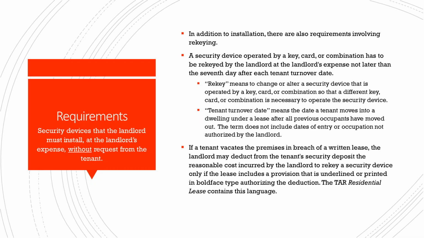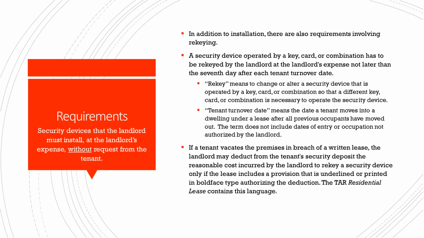So in addition to installation requirements, there are also requirements involving rekeying. And what do we mean by rekeying? Well, rekeying means to change or alter a security device operated by a key or a card so that a different key or card or combination is necessary to operate that security device.